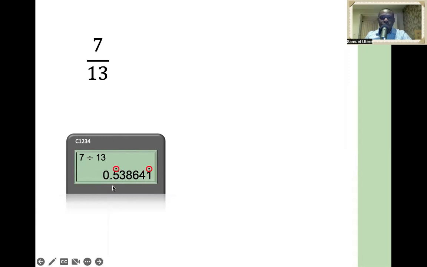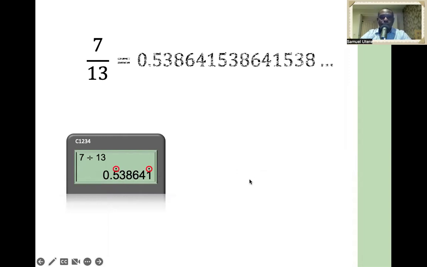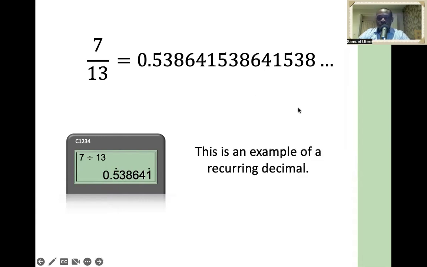So after this, the next number we're going to have is going to be 5, 3, 8, 6, 4, 1, and it repeats. So recurring decimals means we have a repeating pattern of numbers, and you can see it there. You see that there, and you see it again here. So this is an example of recurring decimal.